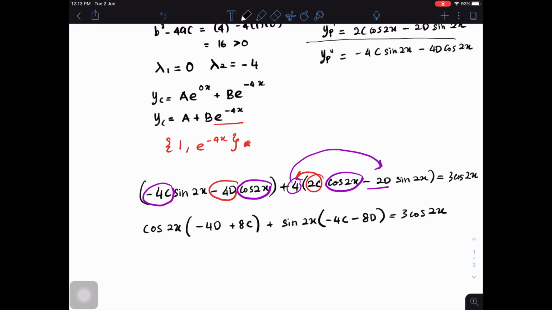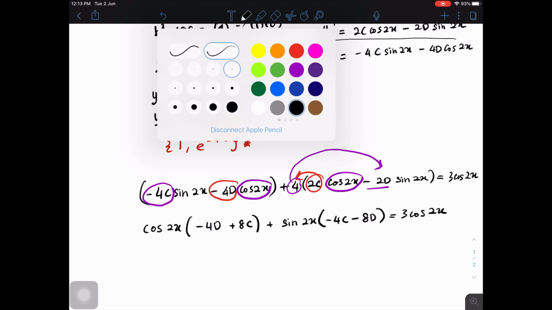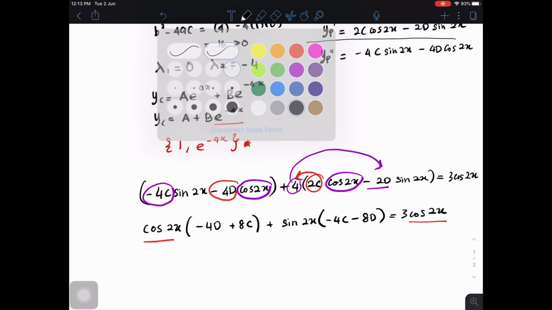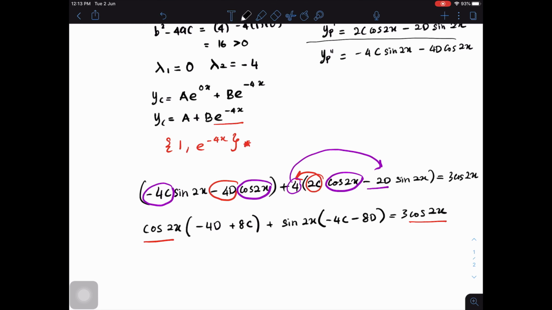So now you can compare the right hand side and left hand side. On the right hand side we have cos 2x, and here we have cos 2x. Therefore the first equation that we have here is negative 4d plus 8c is equal to 3. And you cannot see any sine 2x in the right hand side, therefore it is 0. So our second equation is negative 4c minus 8d is equal to 0.